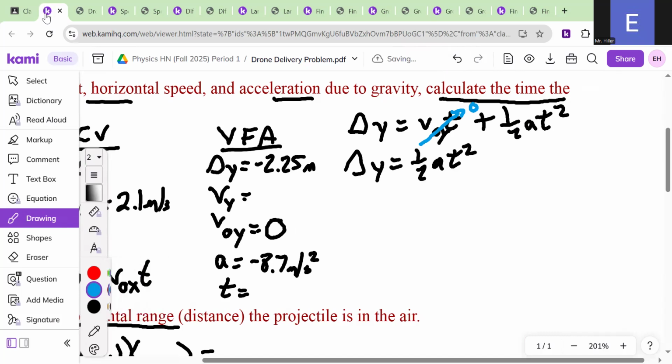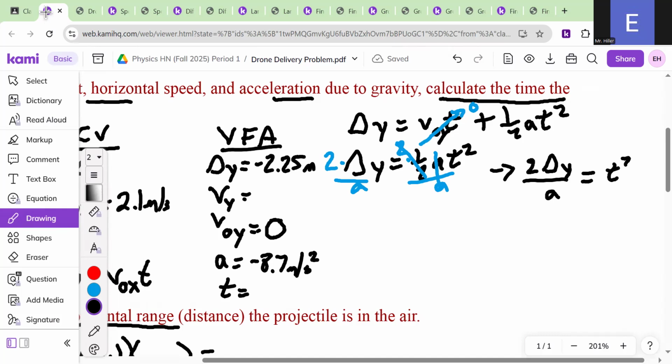Just like you practiced in your free fall acceleration problems, solve for time. Well, you can start by multiplying by 2 and dividing by a. That's a good first step. And you can see I'll get 2 delta y divided by a equals t squared. At that point, I can go ahead and square root.